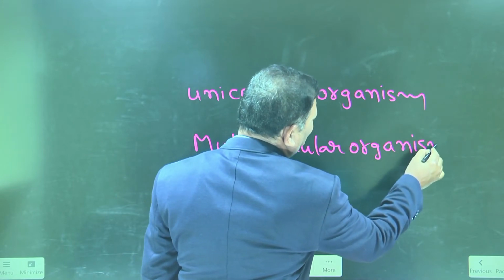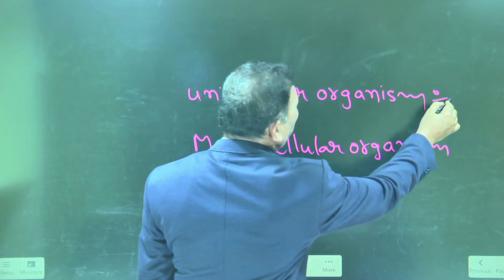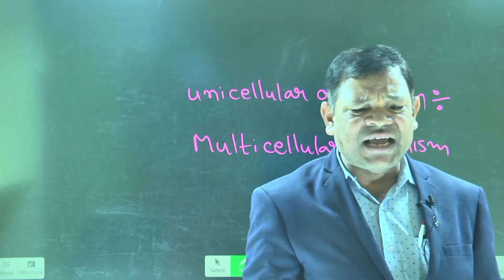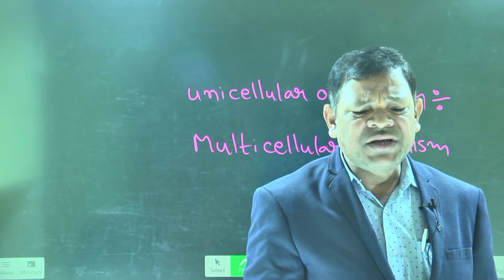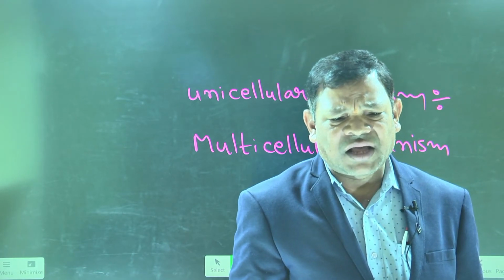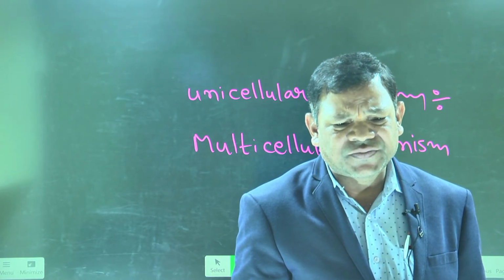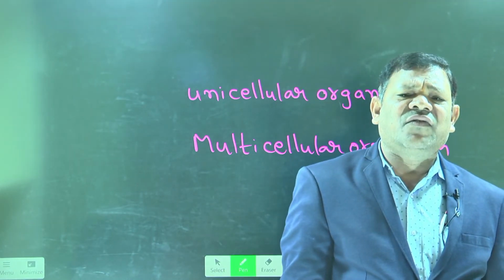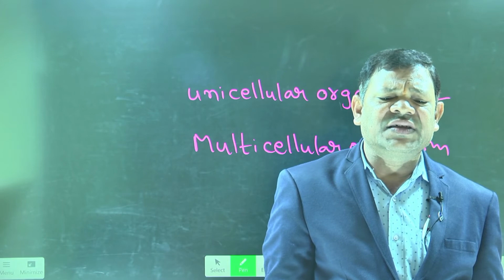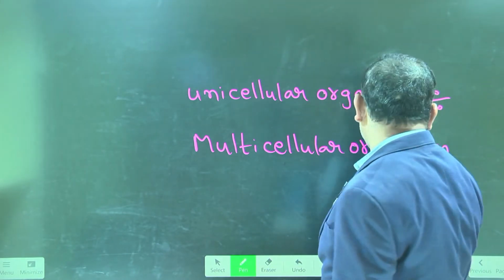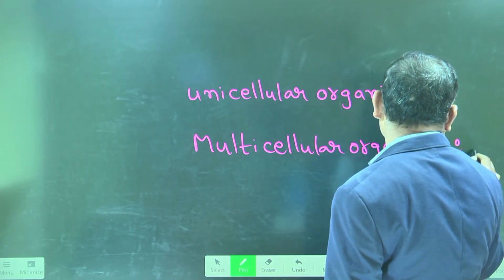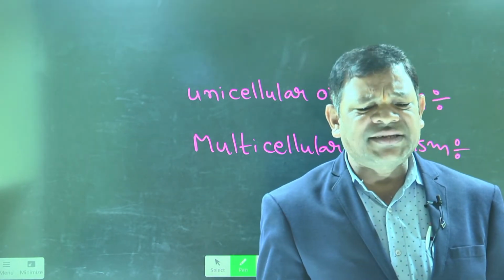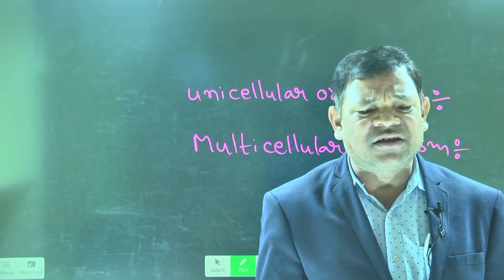What is the meaning of unicellular organism? An organism made up of a single cell is called a unicellular organism. Are you understanding, Avinash? Yes, sir. What is the meaning of multicellular organism? An organism made up of more than one cell is called a multicellular organism.